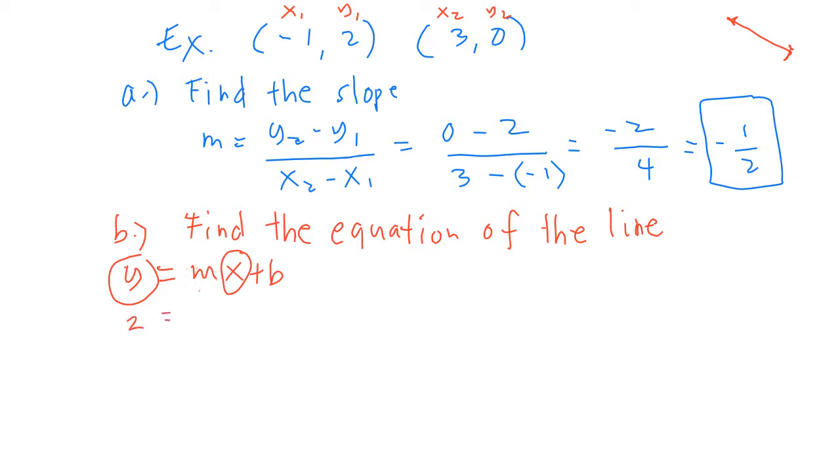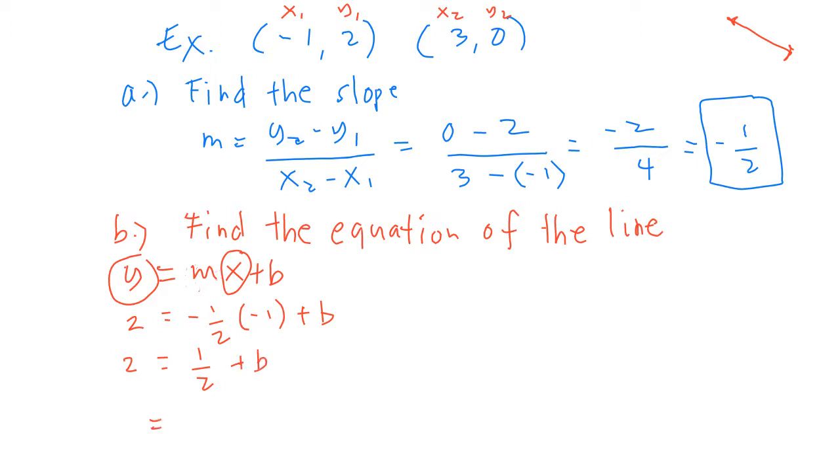And then our m, we know our m is negative 1/2. Then our x would be negative 1. And what we're trying to do here is find our b. So our equation now is 2 is equal to negative 1/2 times negative 1, so that should be a positive 1/2, plus b.